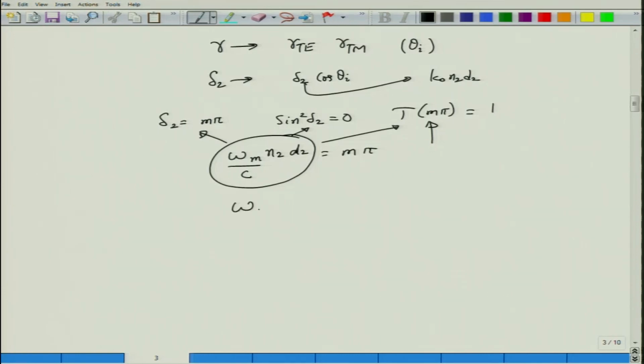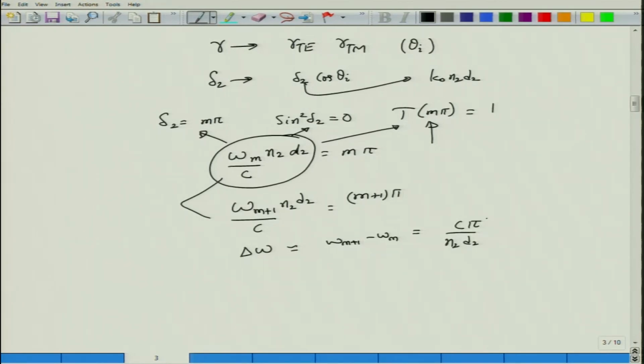The same condition can occur when delta 2 is equal to m plus 1 times pi, that would be the next peak in the transmittivity. So at that peak, let us say the frequency is omega m plus 1 and everything else is the same. Now if you look at the difference between these two frequencies, delta omega, which is given by omega m plus 1 minus omega m, this will be equal to c by n2 d2 times pi, okay.